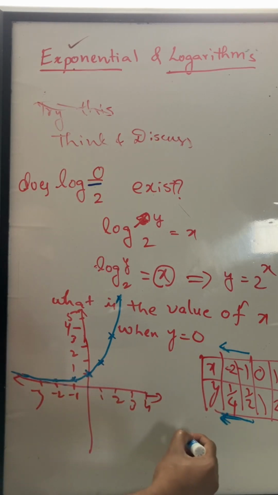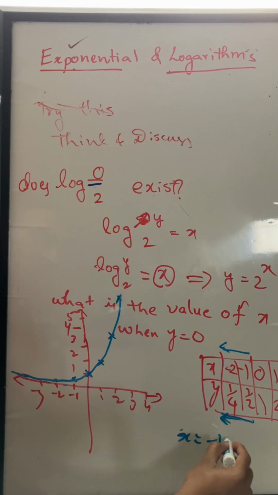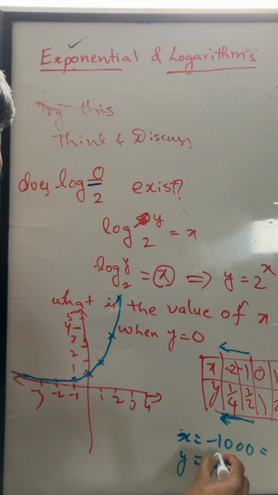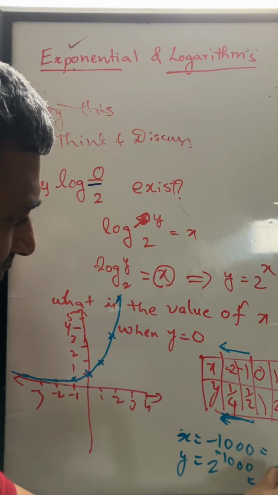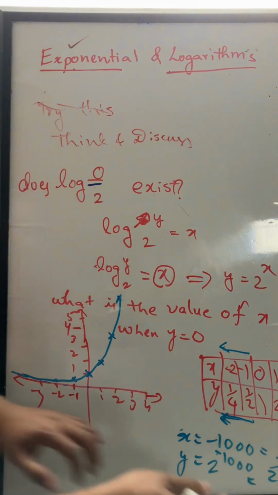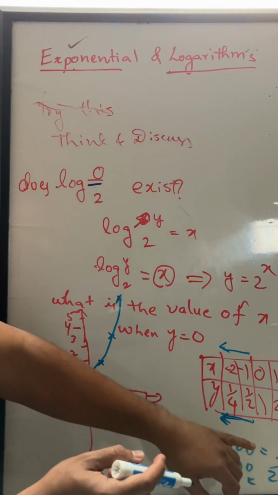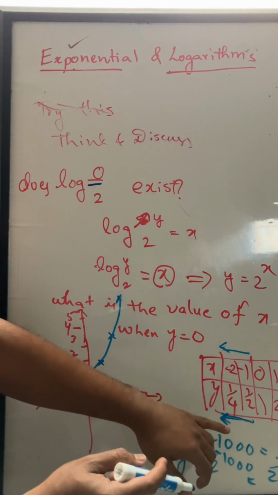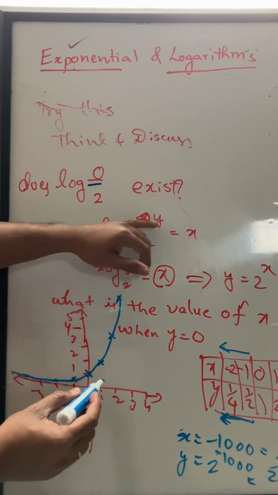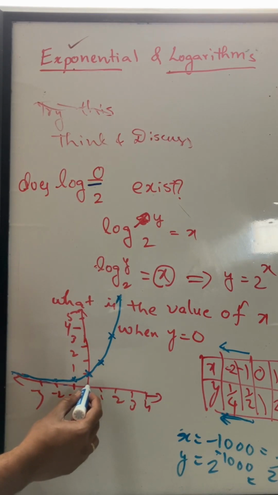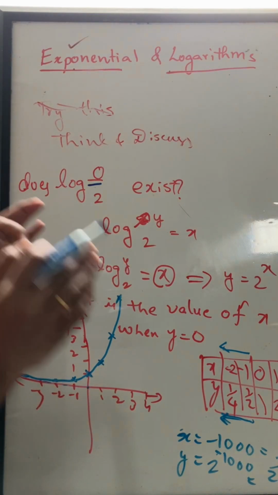When you take x equal to -1000, y becomes 2 to the power of -1000, which is 1 by 2 to the power of 1000. Numerator is positive, denominator is positive, so the value is positive. It will be a very small amount, but it won't touch 0. So when y equal to 0, it never becomes 0. It will be very close.